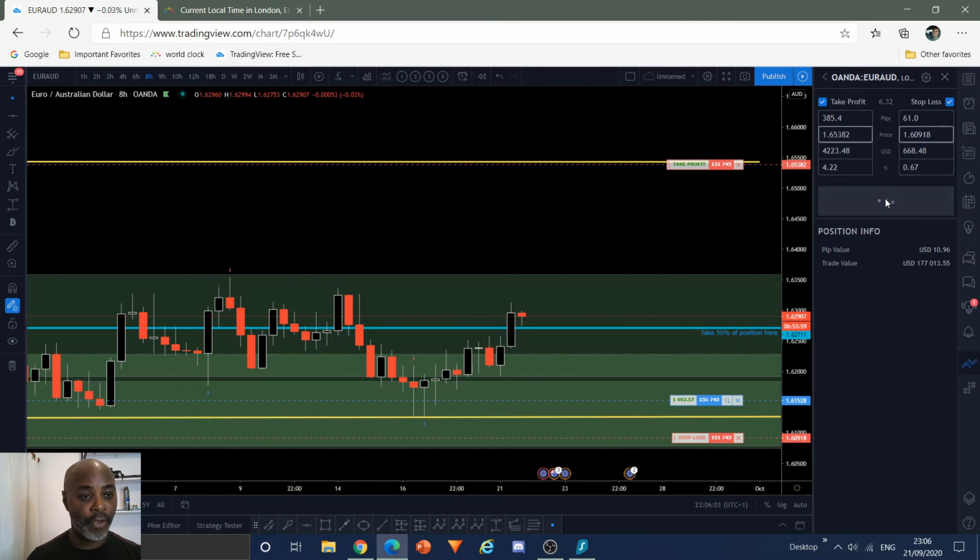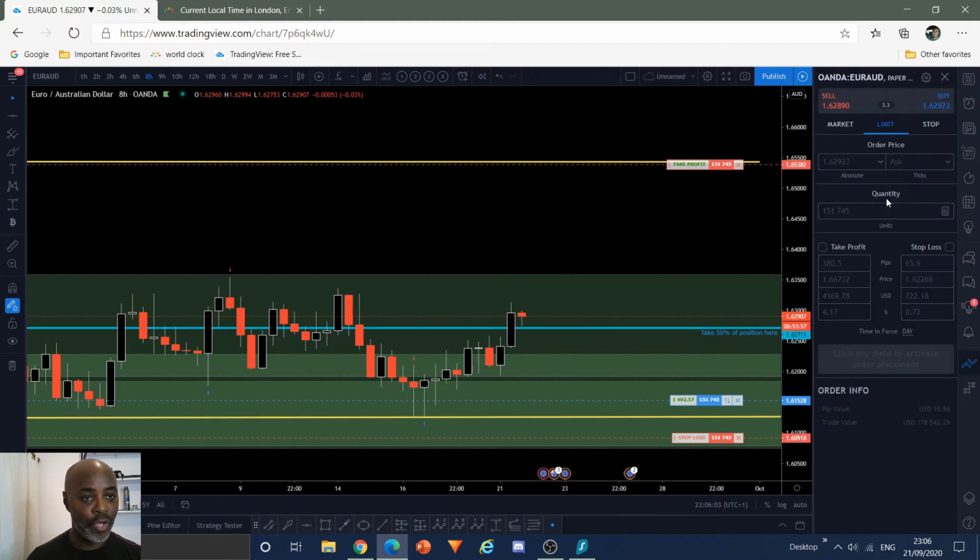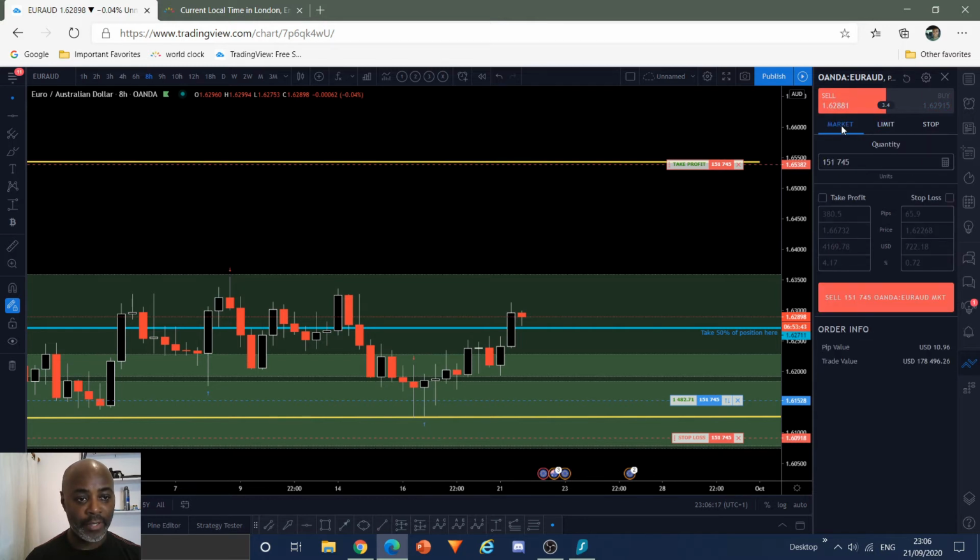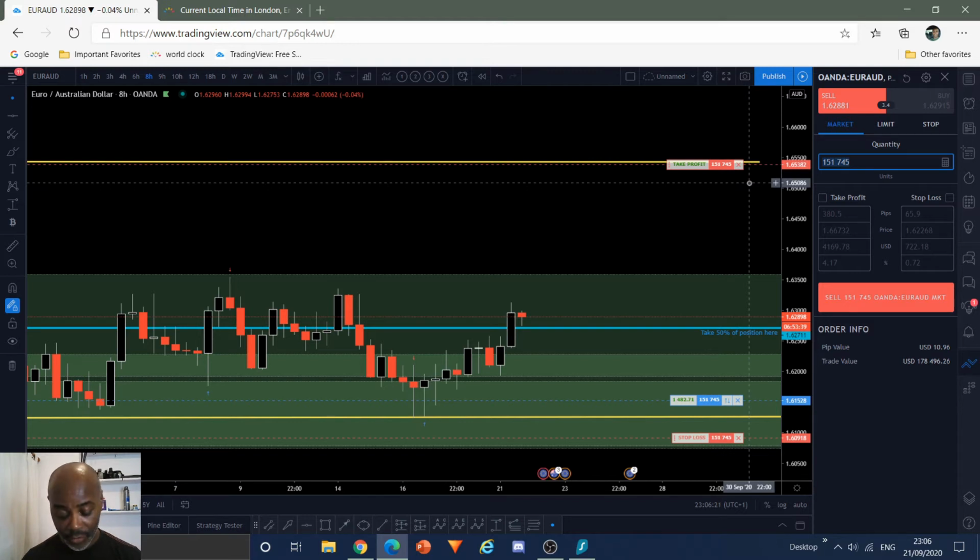I want to modify. Now this is where we need to focus. Remember, we're long a full position, and to take off half of that position, I need to sell at market half of my lot size, which is 75872.